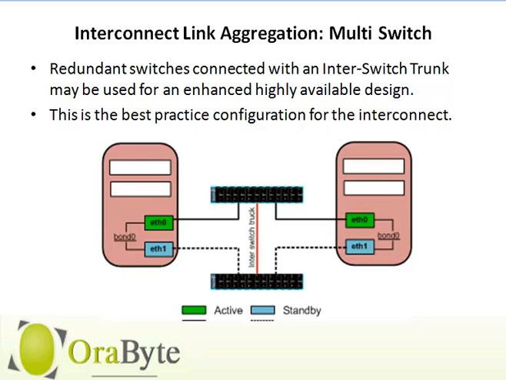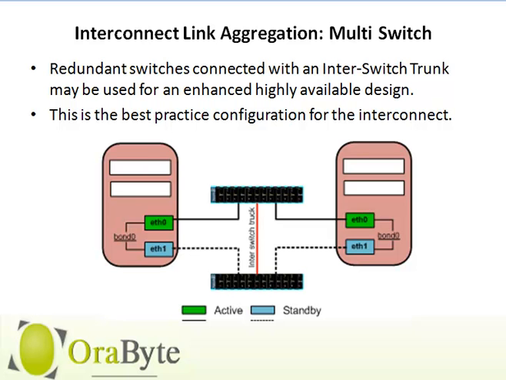which also applies to your interconnect switches. So if you just have a single switch and you do link aggregation, then that switch might be the point of failure. If the switch goes down, all your RAC nodes will crash and you will have a split brain scenario. We don't want that.